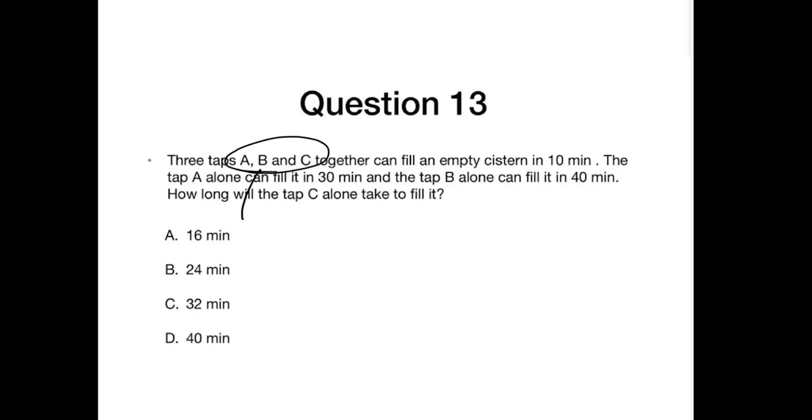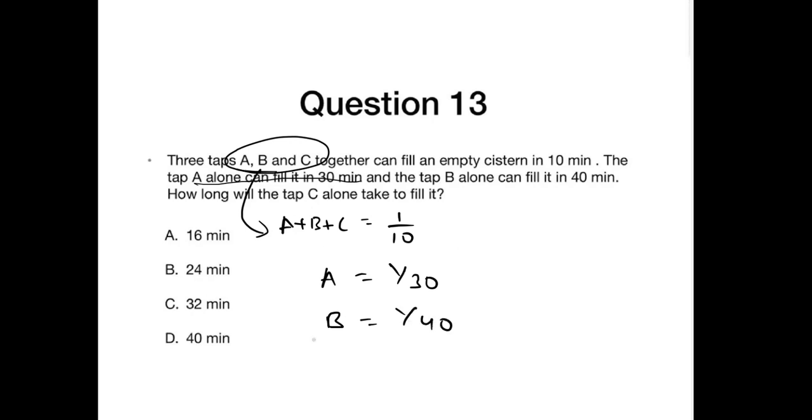Whenever they use it this way, we write A plus B plus C is equal to 1 by 10. For A alone, they wrote that it can be filled in 30 minutes. So A alone in 1 minute can fill 1 by 30, and B alone we can fill with 1 by 40. So simple. They asked for C alone.